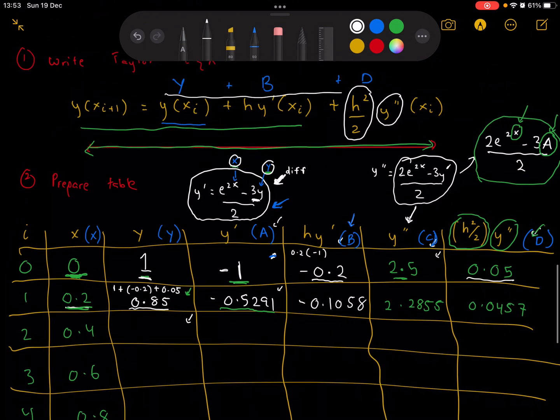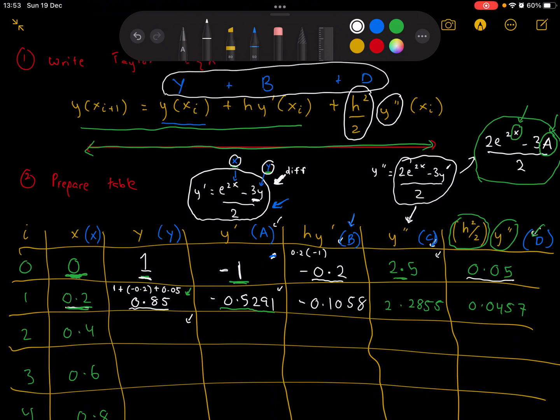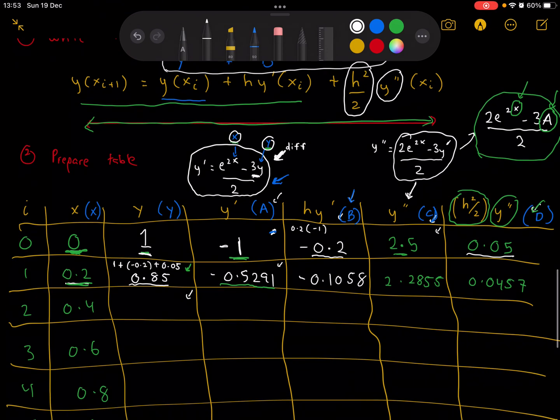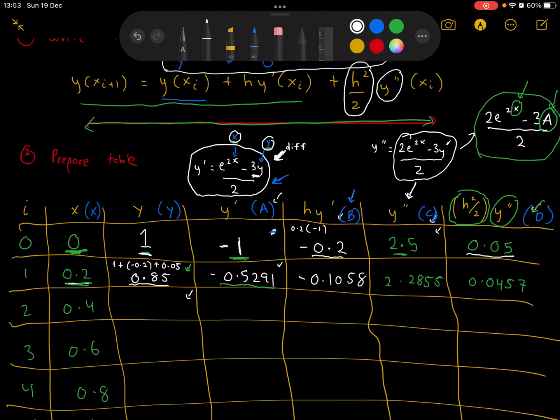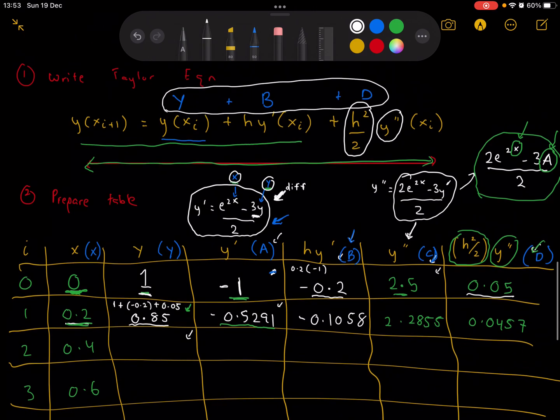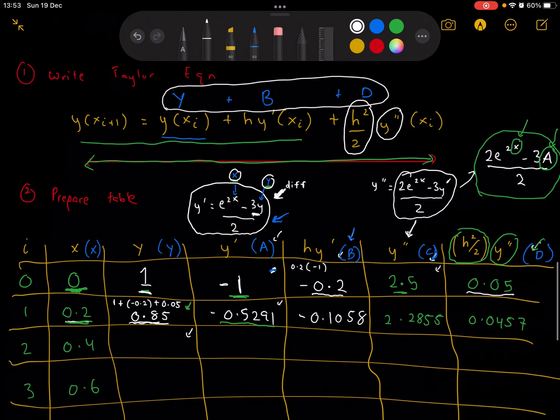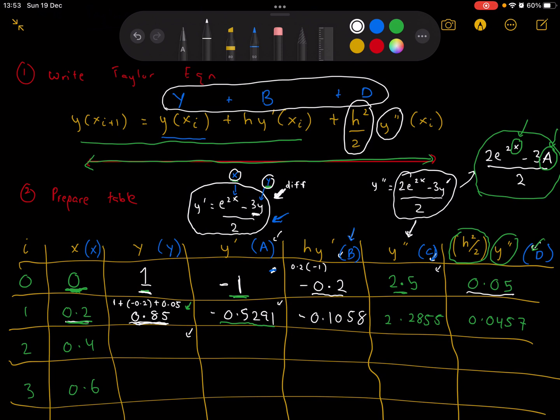Again, I just call back this function from my calculator. So our y value is 0.85. Our b value is negative 0.1058, and our d value is here.